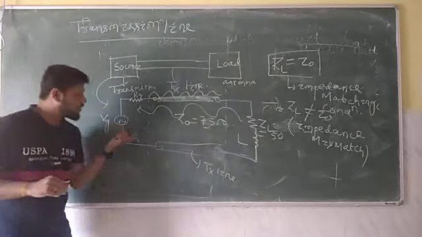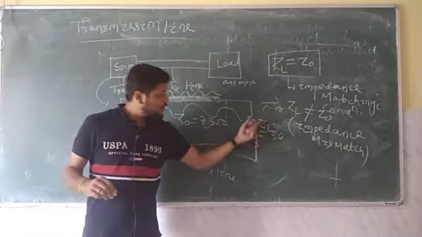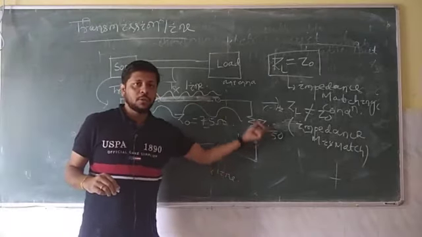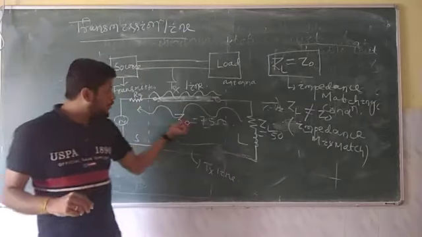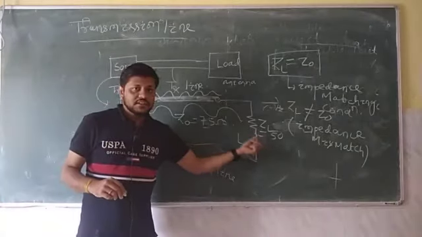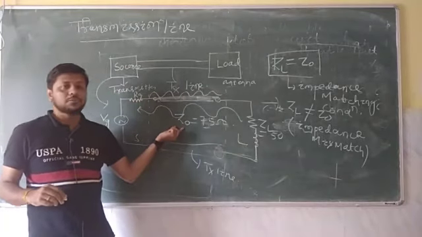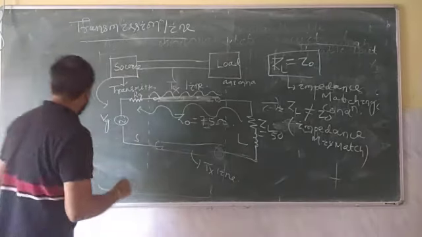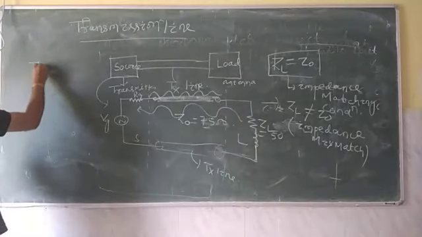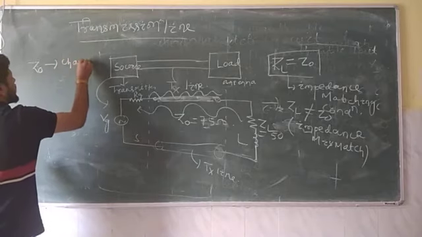Because you are creating this source, you want your power to reach this load and be completely absorbed by this load. You don't want this reflection, hence you need to match this load impedance with the characteristic impedance of the transmission line. Here Z0 is the characteristic impedance of the transmission line.